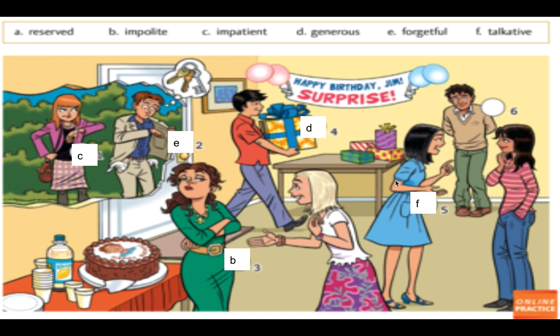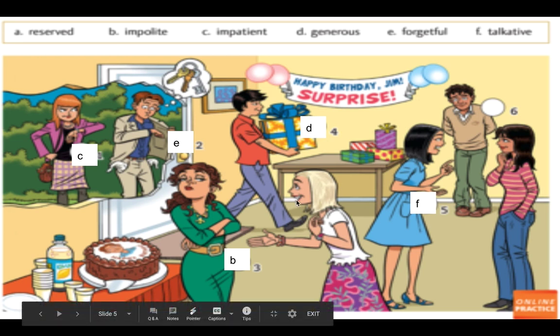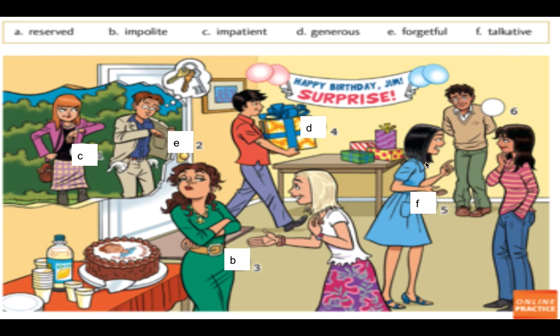How about in the blue dress? This woman in the blue dress. She is talking a lot. The woman in the white t-shirt is also talking a lot. These people are very talkative. They are not quiet. They talk a lot. The man in the back, he looks like he needs to go to the bathroom, but he's very shy.